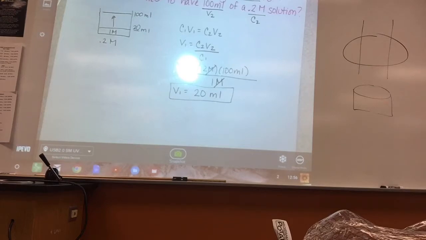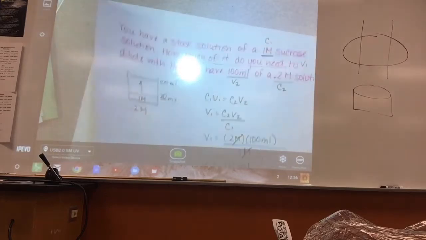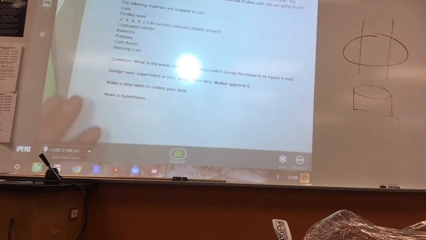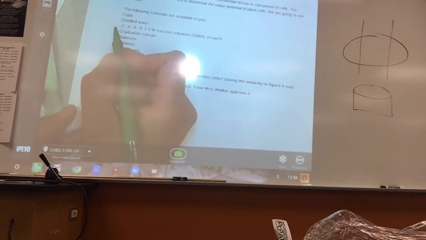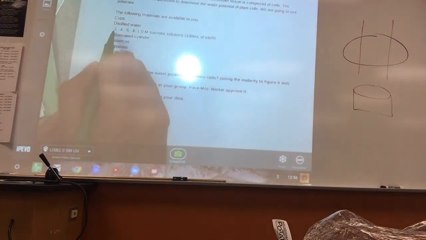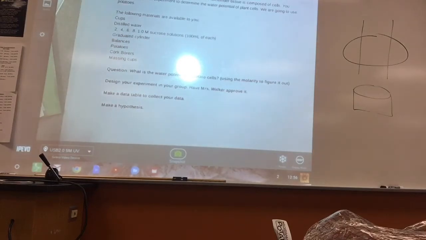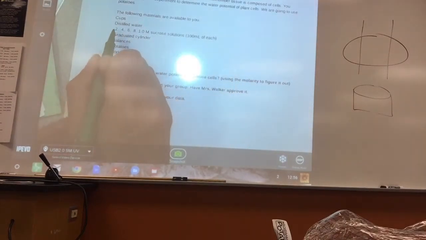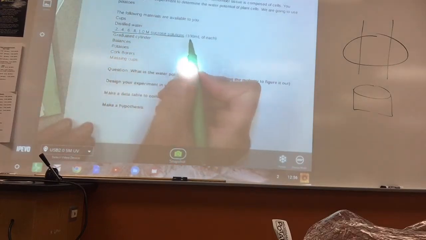All right? And so, back on the sheet here, this is what you're going to do. The first part of your lab tomorrow is you are going to use that dilution equation, and you are going to make these sucrose solutions.